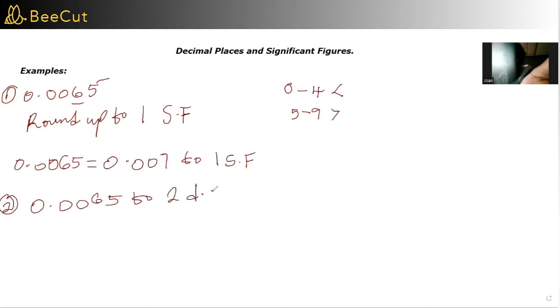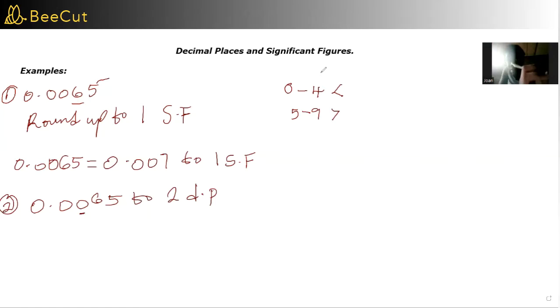It means you're going to count the number of digits that you see after the decimal. And this is going to be 1, 2. So you stop at this 0 because it is strictly decimal places you are considering. And when you stop at this 0, now consider the next digit.